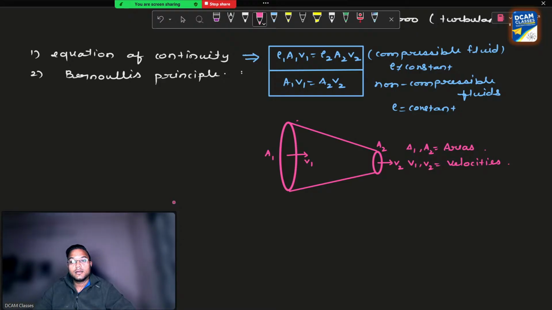Non-compressible fluids are ideal fluids. Compressible fluids are non-ideal. A1 into area, V1 is the velocity.